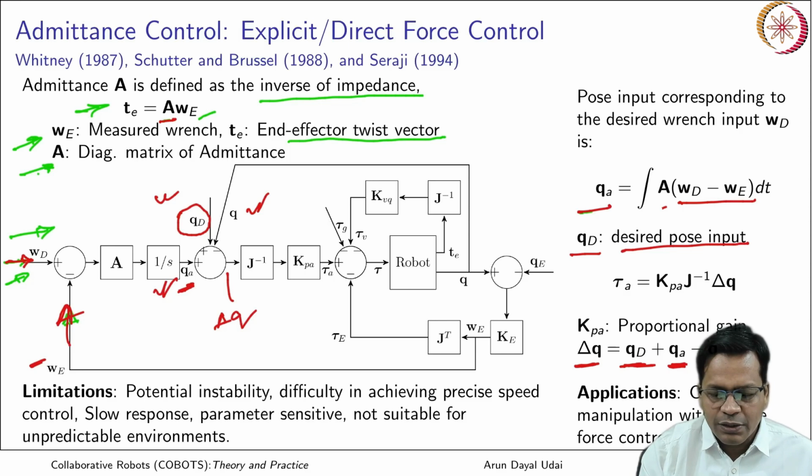This is sent to the Jacobian inverse. Finally it gets converted to the joint space, multiplied by the proportional gain which is here, and gives you the torque trajectory.